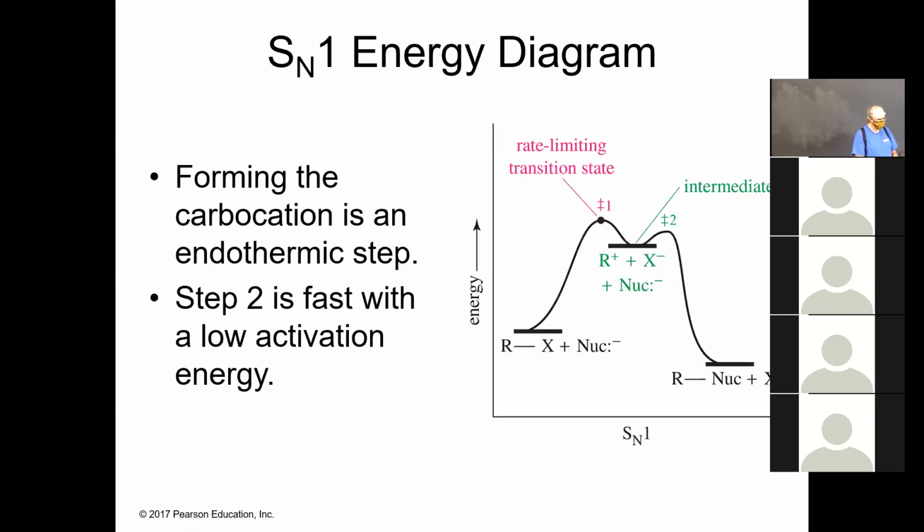There is an intermediate in an SN1. That's this right here, that's the ions. The first step has a much higher activation energy, so it's a slow rate limiting step. And then the second step occurs very quickly.